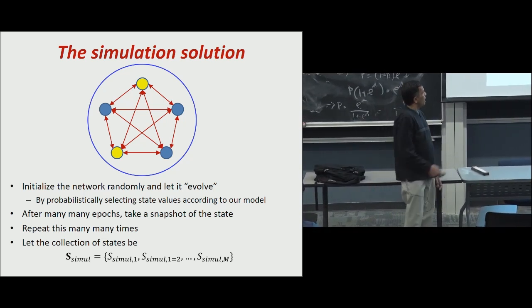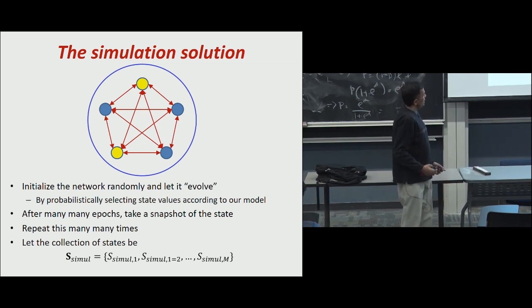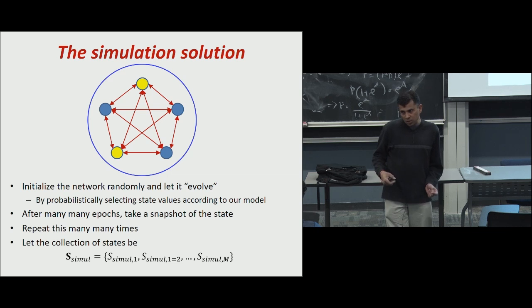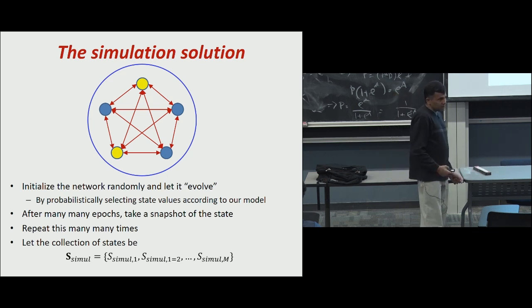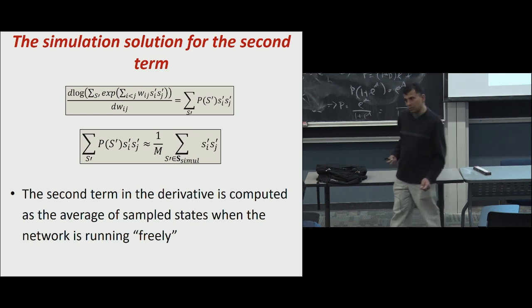And then after many epochs, I take a snapshot of the state. I keep repeating this process, and each snapshot is going to give me one draw from the Boltzmann distribution. I'm calling this S-simul to say these are simulated estimates. And then subsequently, this expectation I can just take as the average over all of the samples that I've drawn by simulation.